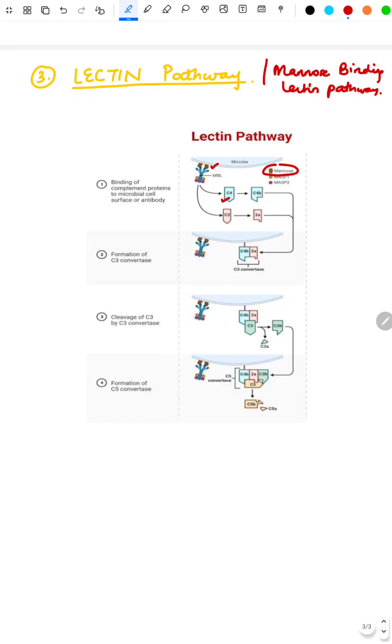It will bind to C4 to convert it into C4a and C4b. So we have C4b. This binds to C2 to convert it into C2a and C2b. So C2a and C4b is the C3 convertase, which then binds on C3 to convert it into C3a and C3b, which is now called the C5 convertase, 4b, 2a and 3b, which binds on C5 to convert it into C5a and C5b, and then it is just the same.